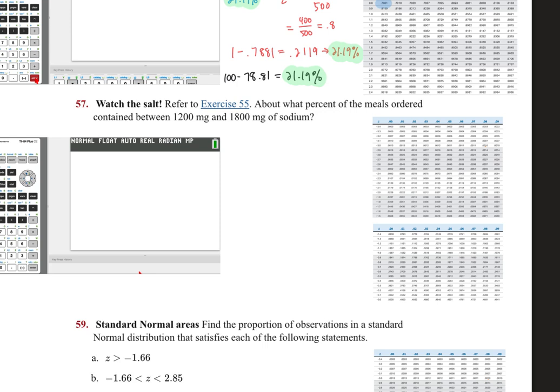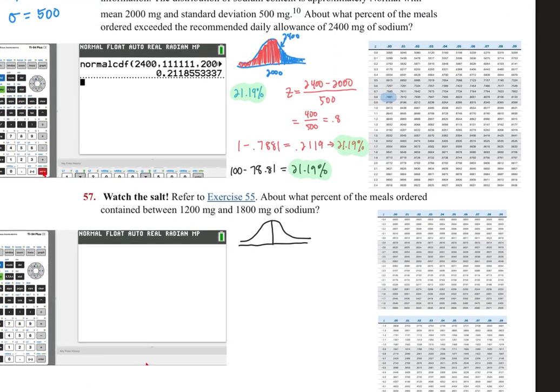Okay, next one. Watch the salt. Refer to exercise 55. So previous exercise, we're using the same mean and standard deviation. And they say about what percent of the meals ordered contain between 1,200 milligrams and 1,800 milligrams of sodium. Okay, so we'll do normal distribution. So our mean, what was it, 2,000? Yeah.